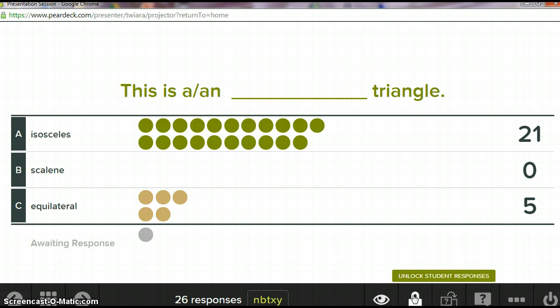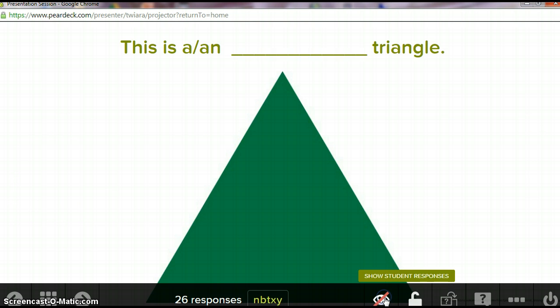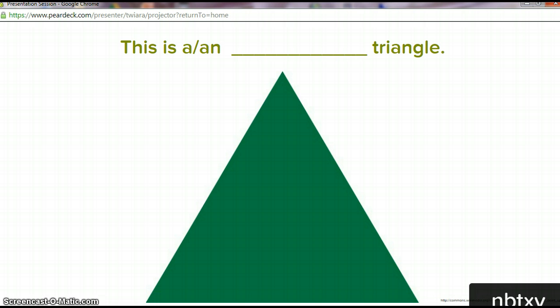Can we look back? They were long. Yeah, it looks like an isosceles. If you were to measure all three sides, it's almost like an optical illusion, but that is an equilateral triangle.